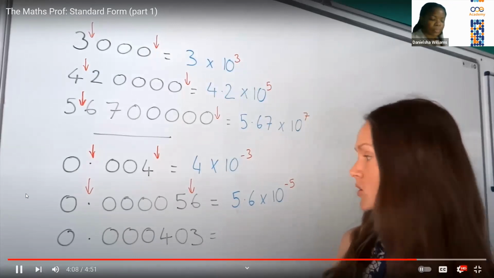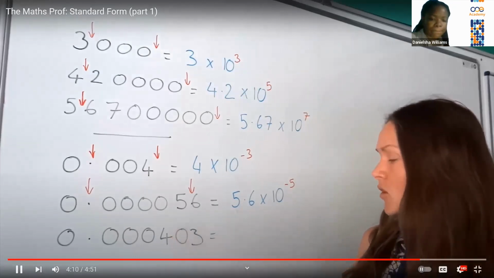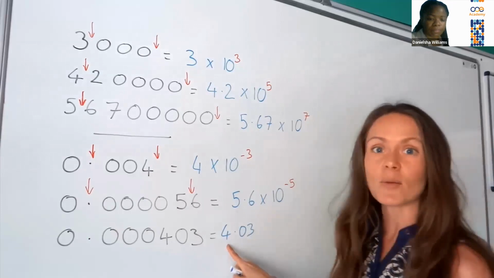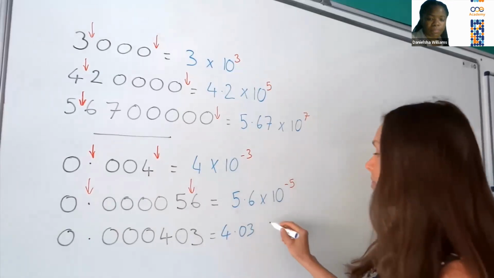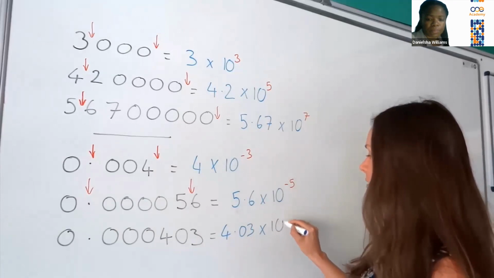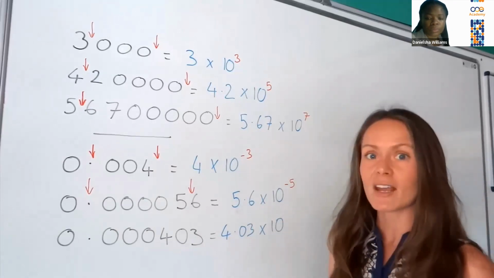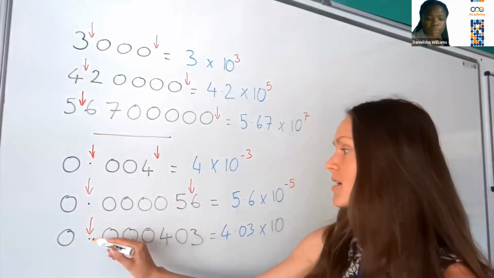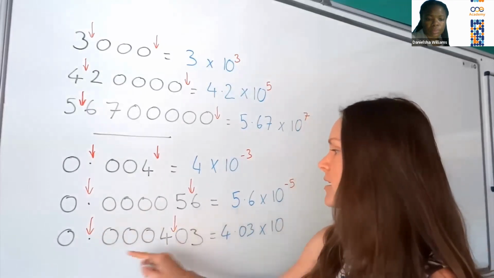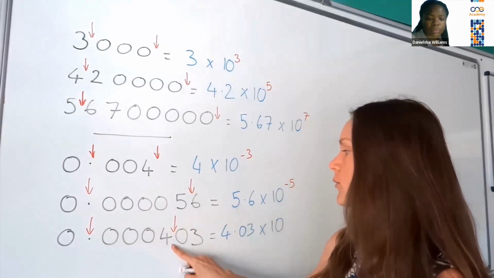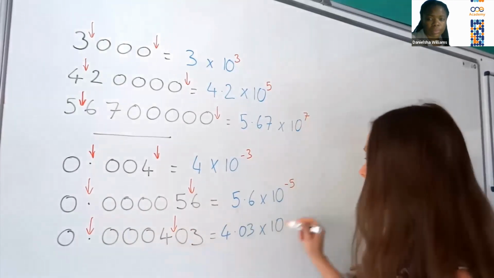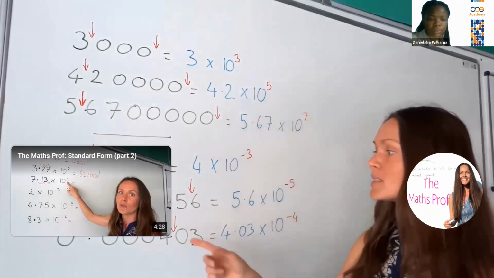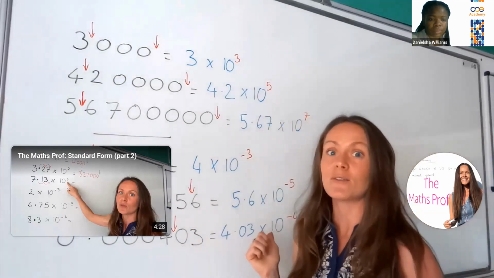This time, we're going to put the decimal here, so that we've got 4.03, because this number is between 1 and 10. Then I'm going to write times 10, and lastly, I check to see how many places the decimal has moved. So we started here, now we're there, so 1, 2, 3, 4, so it's moved 4 places, so the power is -4. So here we've got some examples turning the numbers into standard form.